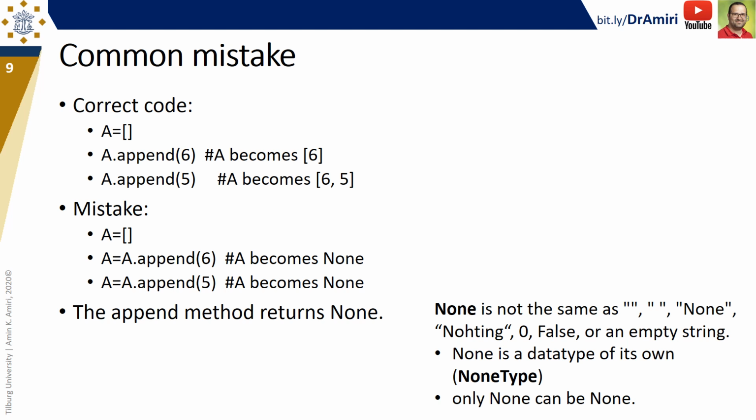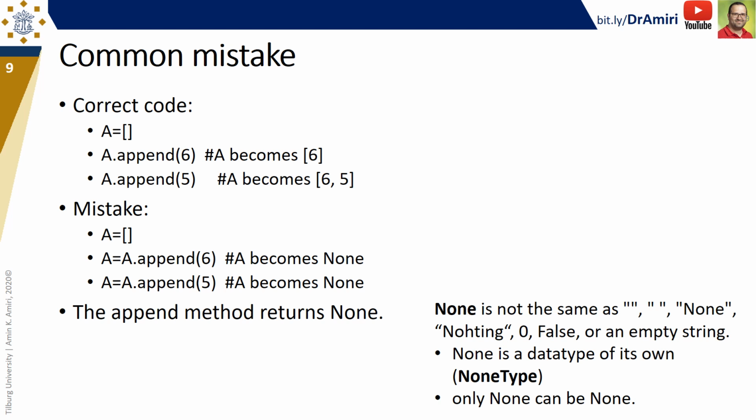Keep in mind that append as a function will place None in the variable behind the equal sign. You should never use append with an equal sign, or if you use it, the variable before the equal sign will be None, will be nothing. Using append and other methods should be done carefully, because you can easily cause trouble for your code. The append method returns None.